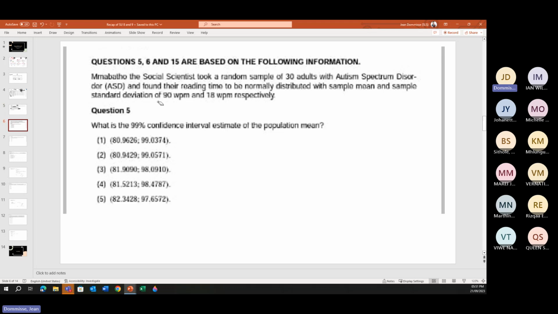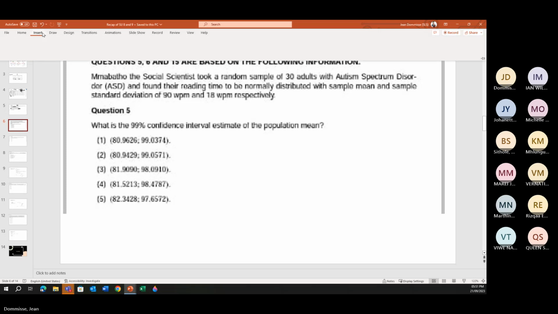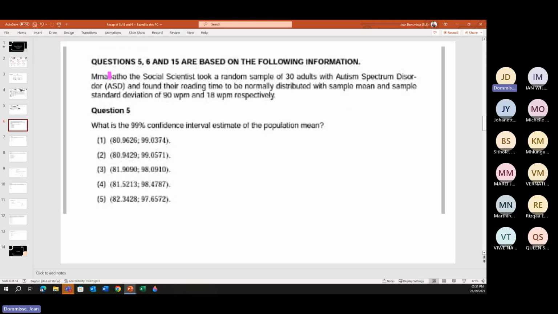Okay, so now we go a bit into the calculation of the confidence interval. So first, let's highlight a few things. Took a random sample of 30 adults and found their reading time to be normally distributed.